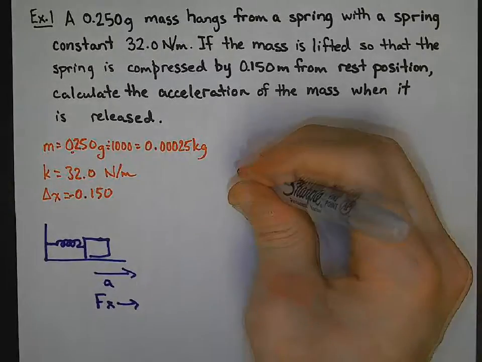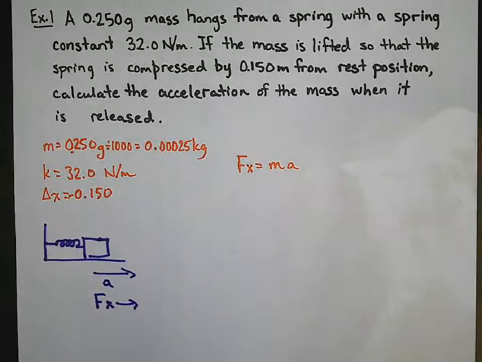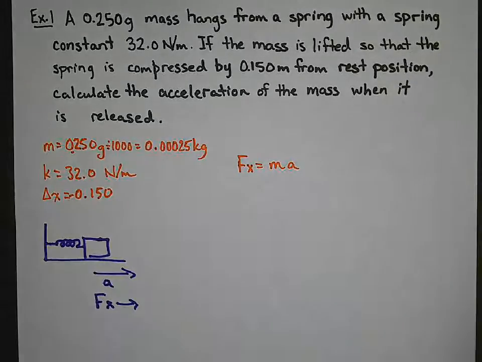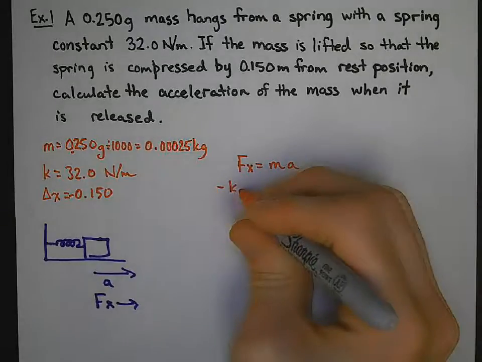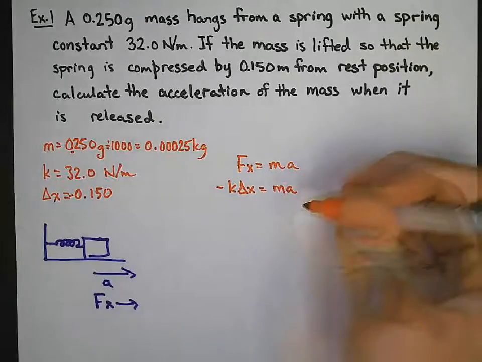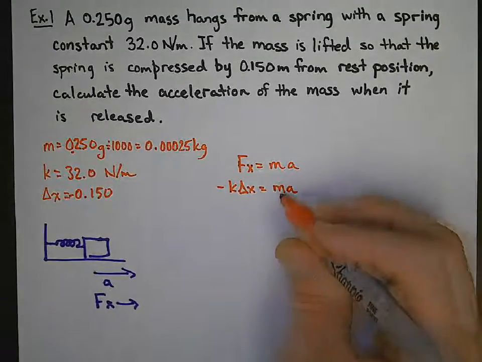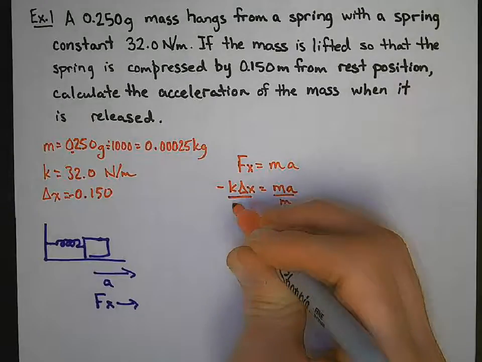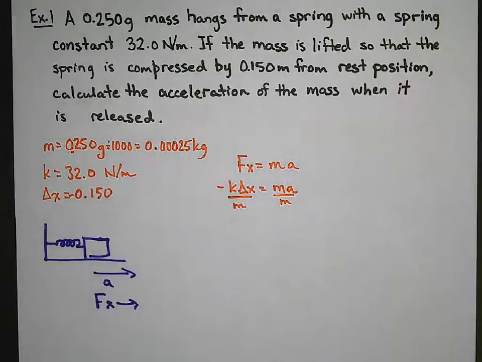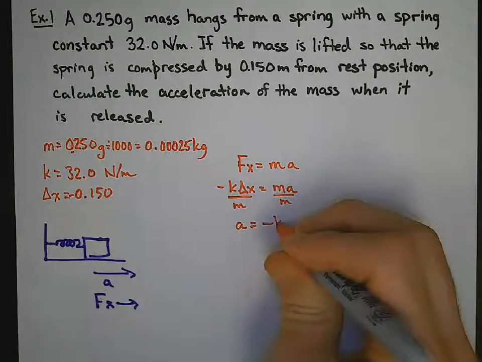So therefore, from Newton's second law, we have that our spring force is equal to the mass multiplied by the acceleration. So negative k delta x is equal to m times a. And since we are solving for the acceleration, let us divide both sides of the equal sign by m, so we can calculate our acceleration now.